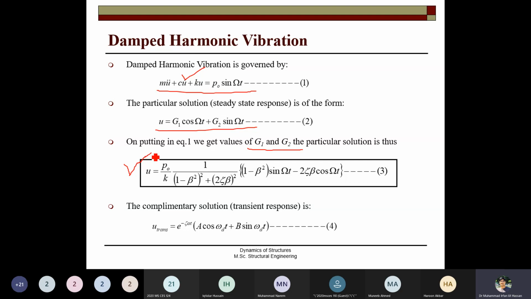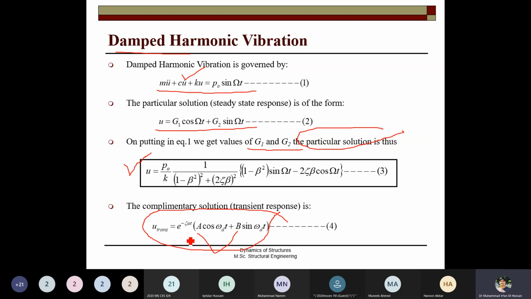This is a particular solution for the system under the damping effect. And now the transient solution we import from the damp free vibration. The complementary solution, we import the same and find A and B, but we have to compute them together. So this is a particular solution for the damped system.